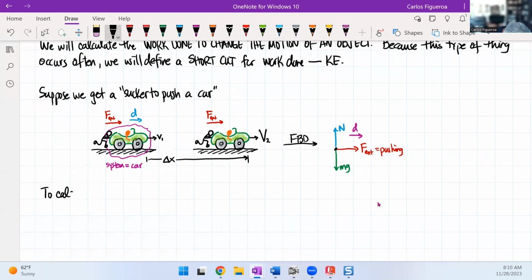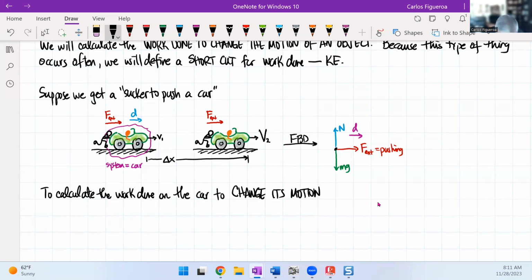To calculate the work done on the car to change its motion, that's what we're interested in, we use two ideas.